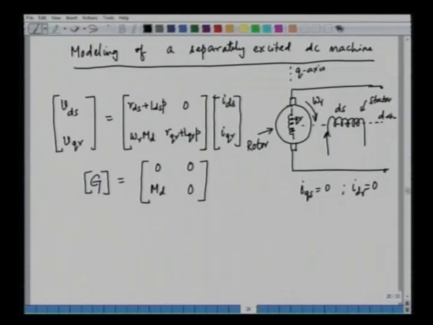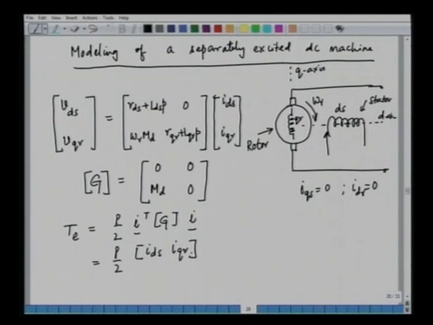And we can find out the torque equation in this case, that as per Kron's primitive machine equation, we can say that TE is equal to P by 2 I transpose G and I. Now, here we can say that the torque equation is as follows: P by 2, what is I transpose? I transpose is IDS IQR.